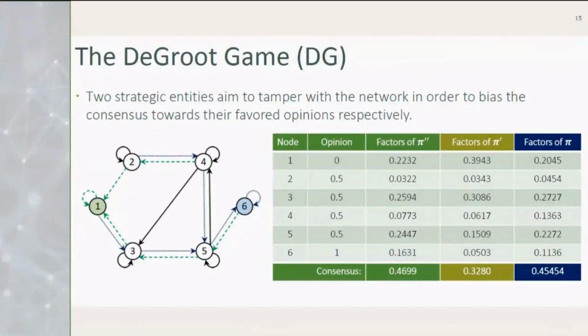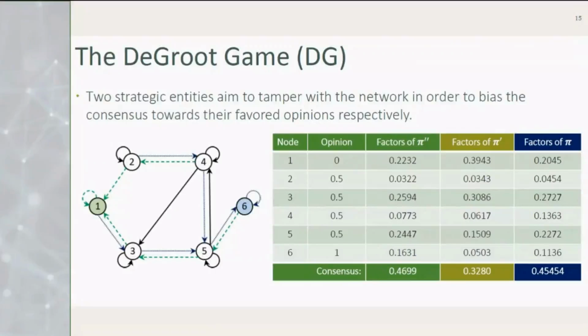Here you can see the example that was also presented in the previous slides. The actions of a player that promotes opinion 0 are the green dashed arcs, while the actions of the second player, which promotes opinion number 1, are the dotted blue edges.